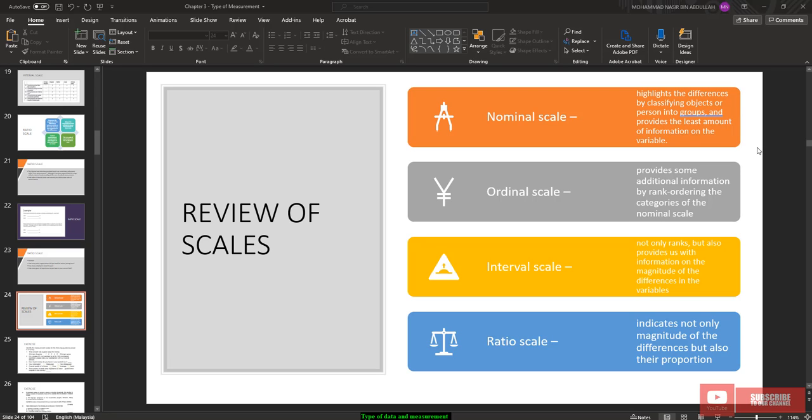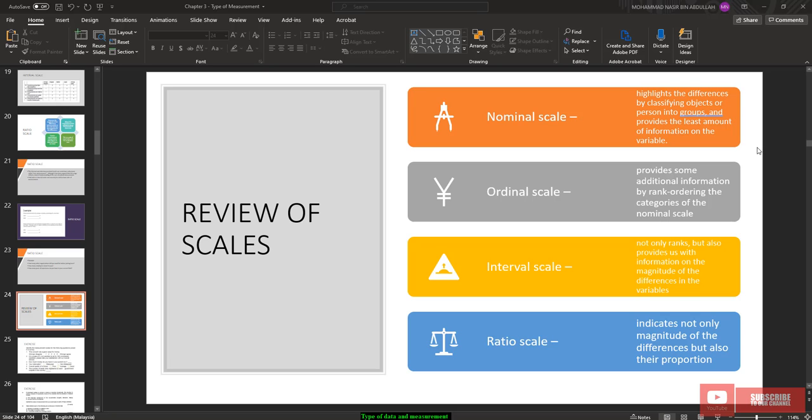So the difference between these two is that on ordinal scale we can do a ranking on each level, but on nominal scale we cannot do a ranking on each level. Interval scale and ratio scale: interval scale not only ranks but also provides us with information on the magnitude of the difference in the variables, whereas the ratio scale indicates not only the magnitude of the difference but also their proportion.